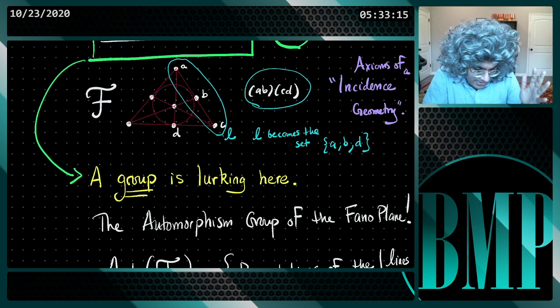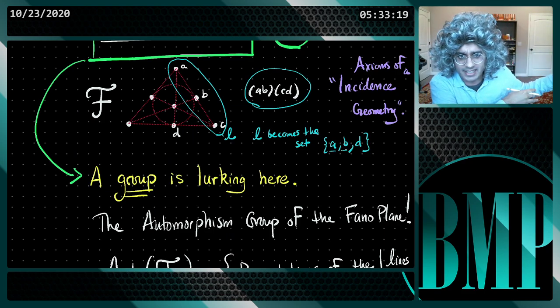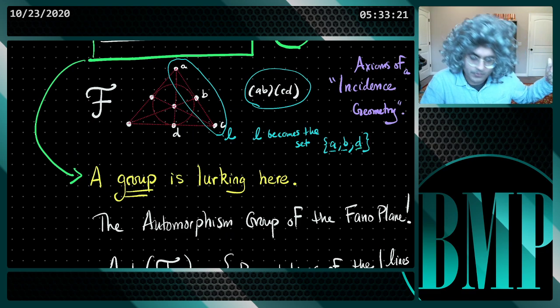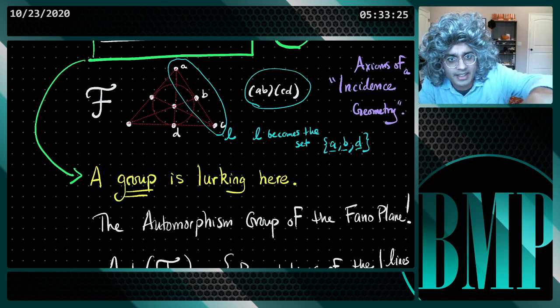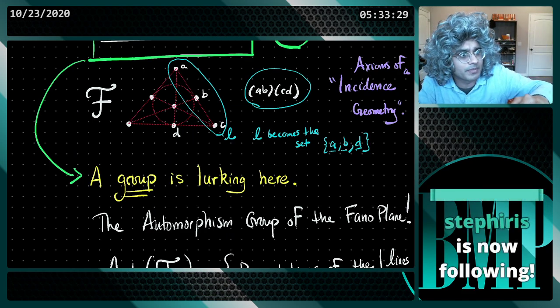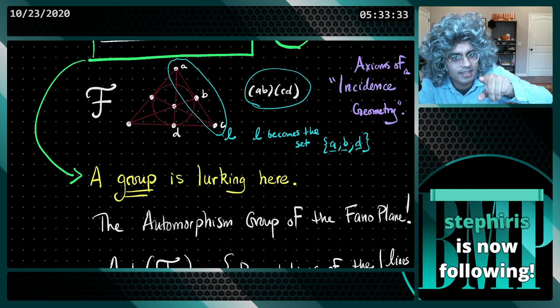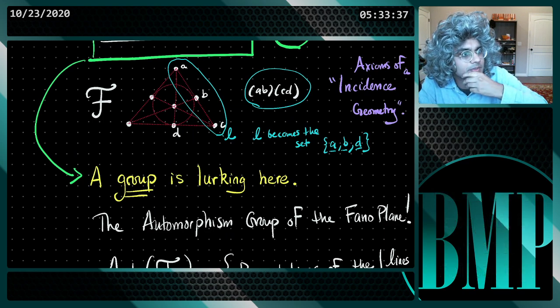So you'll still have A and B, but then C becomes D. So you get this. And A, B, and D don't form a line. Notice, there's no red line that goes through them. Does that make sense, Sloth? L doesn't remain a line under this permutation.